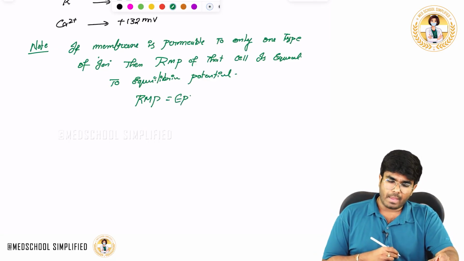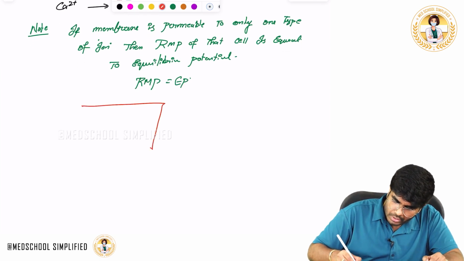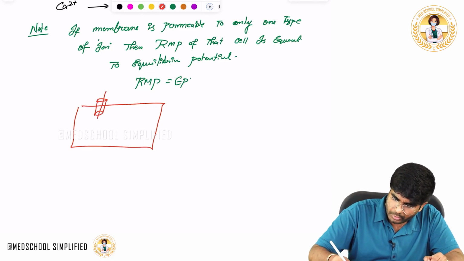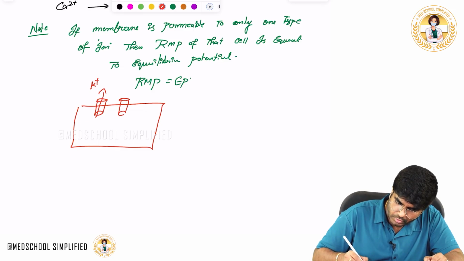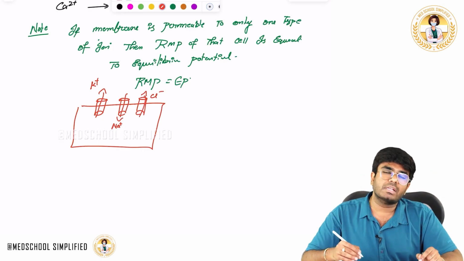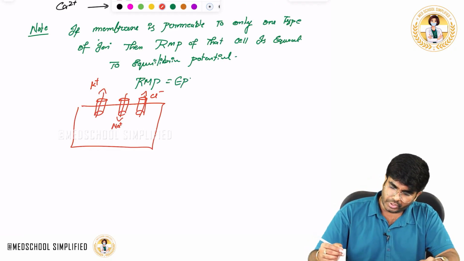But in our cells, just now I have told you, not only one type of leaky channel is there. There is potassium leaky channel, there is sodium leaky channel and chloride leaky channel. So due to the presence of different types of leaky channels, you have to take them into consideration, and all of them will contribute to resting membrane potential.